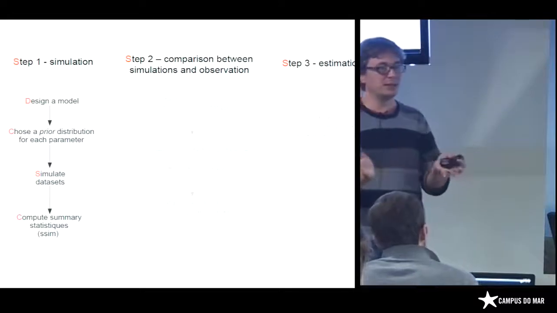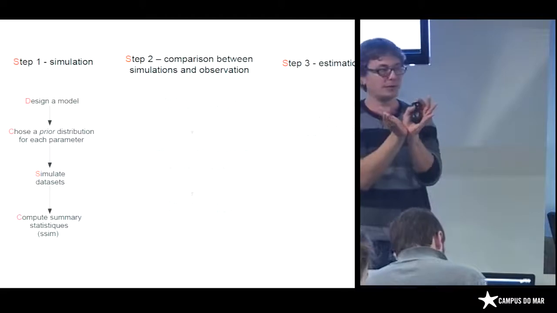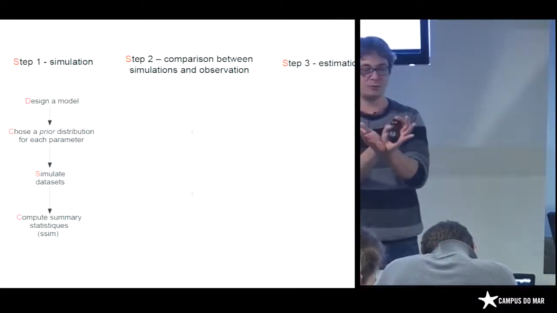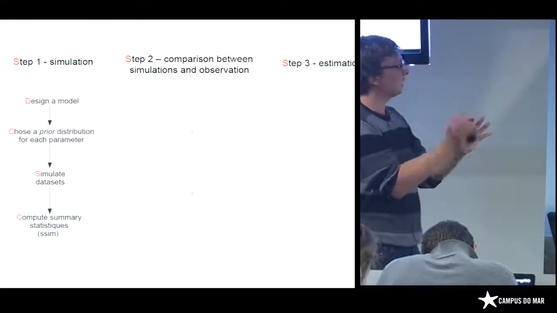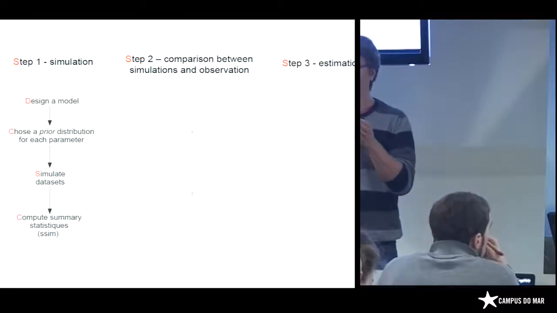So it can be the JSFS, the matrix of allele frequency in the two populations. Actually, what we are using is just the four categories I just explained.